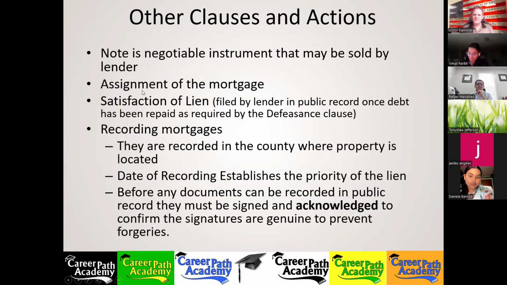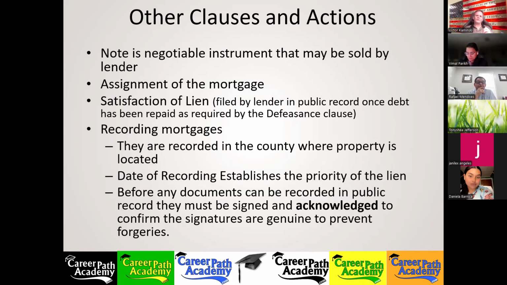So they assign the mortgage to someone else to take over. The satisfaction of lien is recorded in the public records once you've defeated the loan and paid it off, according to the defeasance clause that requires them to do so.